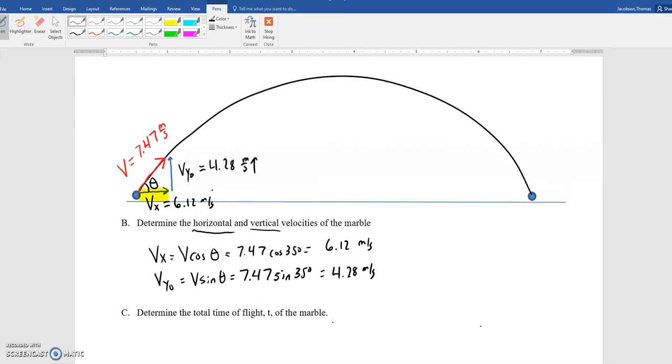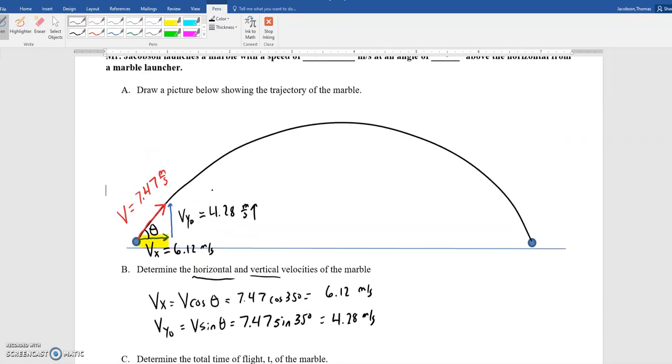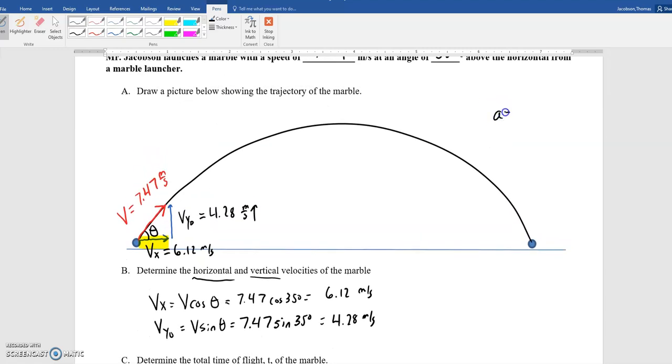All right, so once we have that, we should also notice a couple other things here. We know what gravity is. Gravity is always negative 9.8 meters per second squared. We should also know that at the very top of its flight, the velocity in the vertical direction is 0. Now it still has a horizontal velocity, that's why it still moves to the right, but vertically it doesn't gain any more speed.